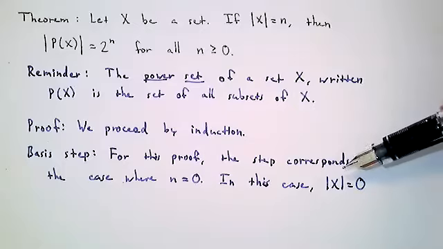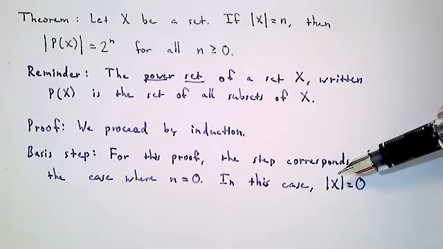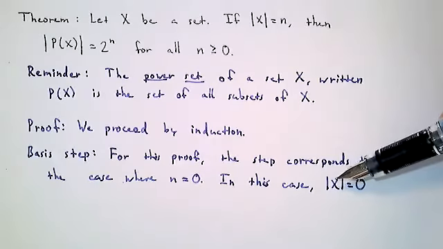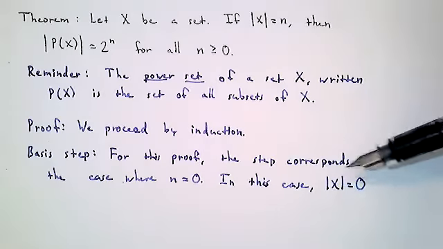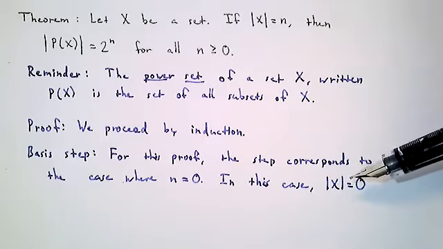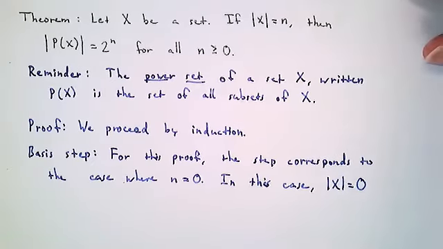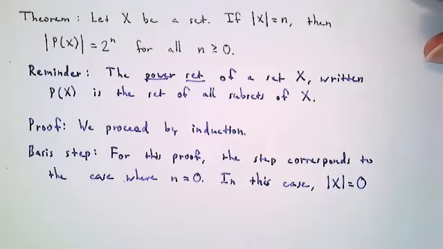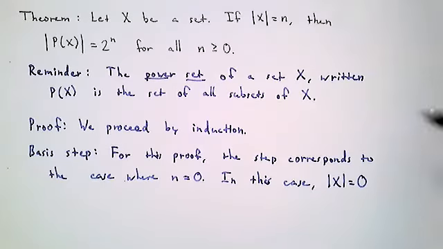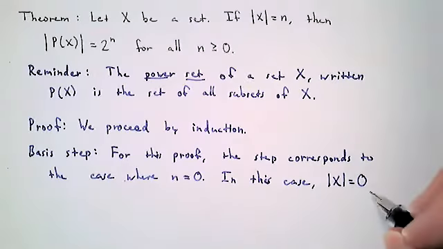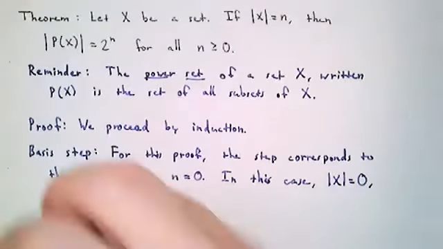What does that mean about our set? If the number of elements in our set is 0, what does that mean? Does it mean it's an empty set? Right. So in this case, x is actually just equal to the empty set.